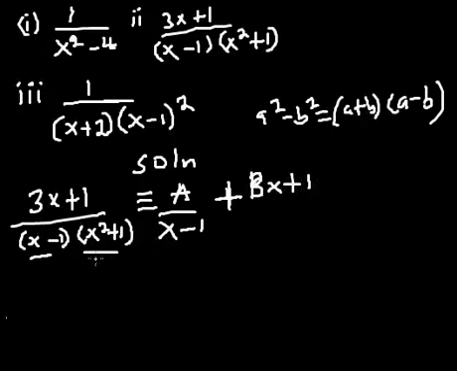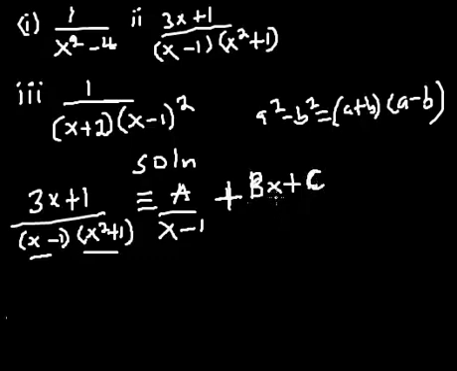So anytime you have any factor of the denominator of this form, that has a square plus a constant value, for the numerator you want to use Bx plus C, pardon me.